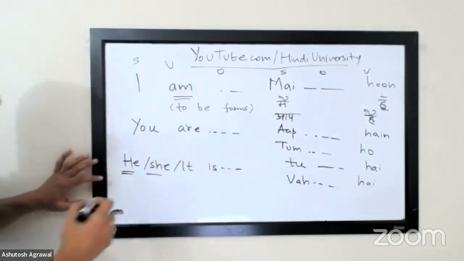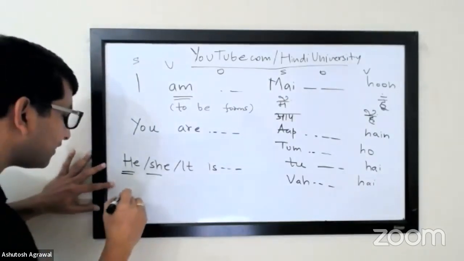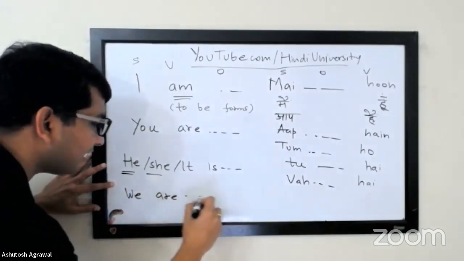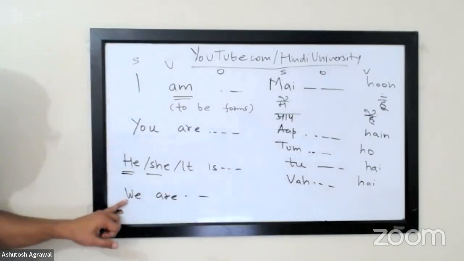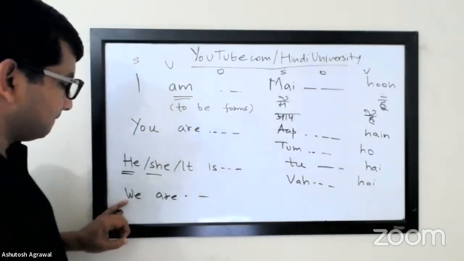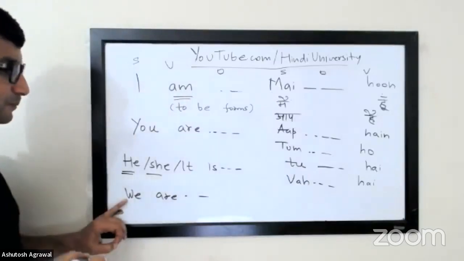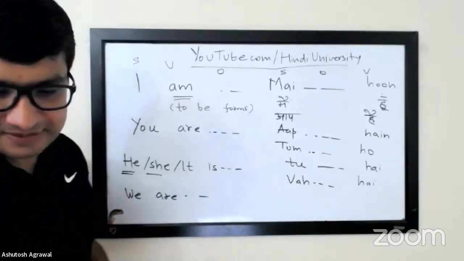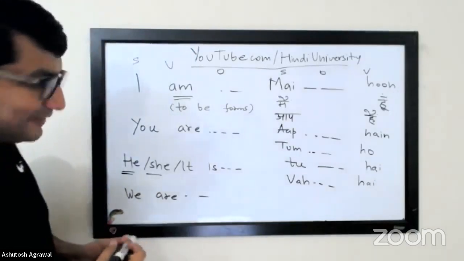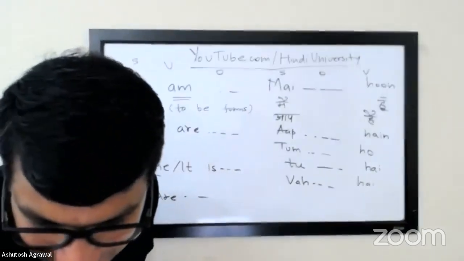Awesome. Okay, now let's do this one: we are. Teresa ji, how will you say that? I think Teresa ji is just listening, Ashu ji. Oh, I see. Okay, so she's listening.